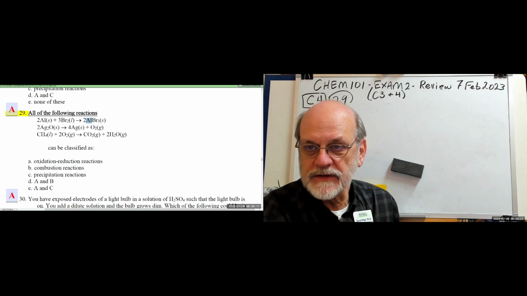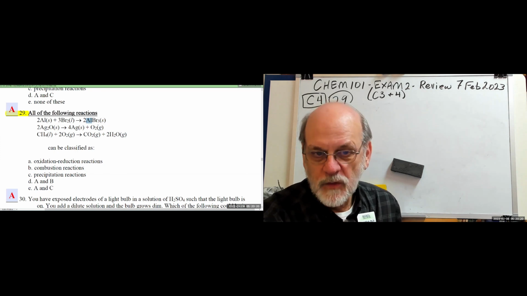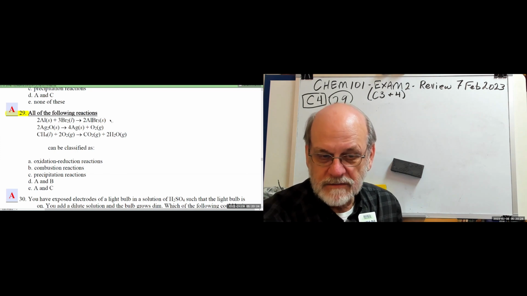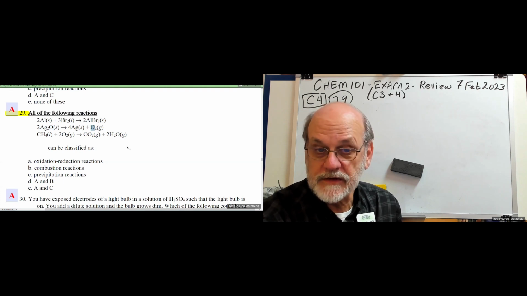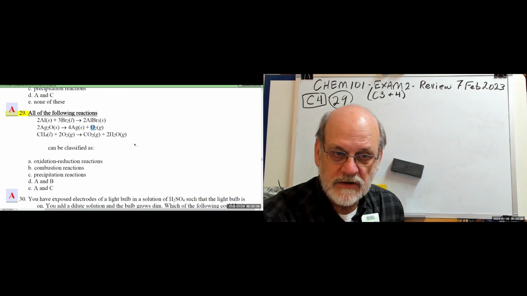You could go compound to element or element to compound. When that happens, that is a redox reaction, oxidation reduction reaction. Same thing for the second one. There's oxygen in the compound, and it's a free element on the right-hand side, on the product side. That's an oxidation reduction.